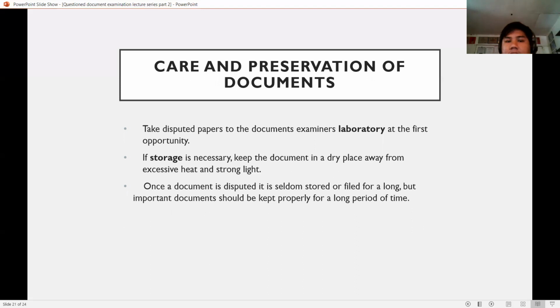Next step, take the disputed papers to the document examiner's laboratory. If you're the first responder, take disputed papers to the document examiner's laboratory at first opportunity. And if storage is necessary, keep the document in a dry place away from excessive heat and strong light, in order to preserve the document.